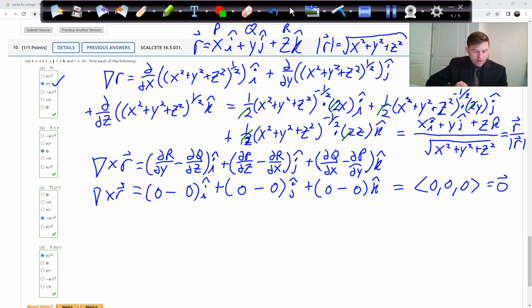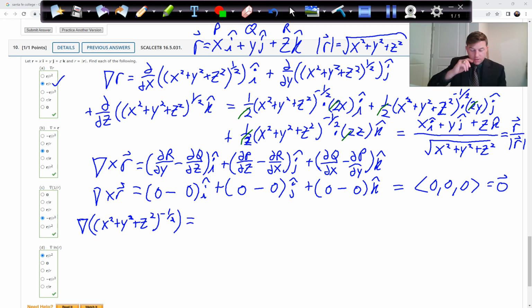Now, the gradient of 1 over r. So if r is the square root of x squared plus y squared plus z squared, the gradient of 1 over r would be the gradient of x squared plus y squared plus z squared raised to the minus 1/2. See if I got my parentheses like that.